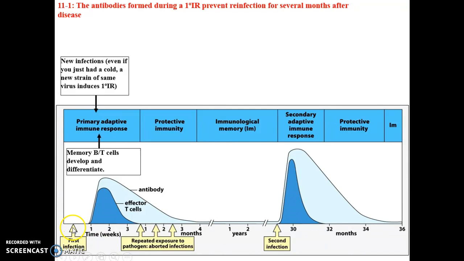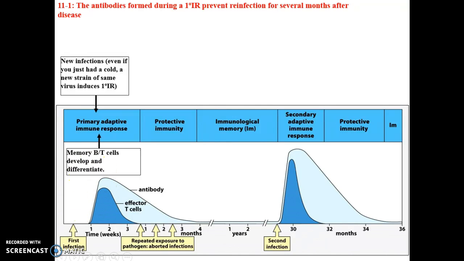This is probably time 0, and so you have 7 days before there are any measurable amounts of effector T cells or antibodies. But over the span between, say, day 6, day 7, and day 10, you've got this rapid increase in measurable amounts of effector cells and antibody. And that's right along par with what we know about the immune system.